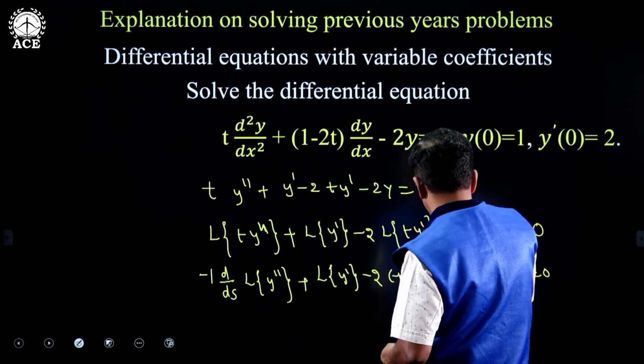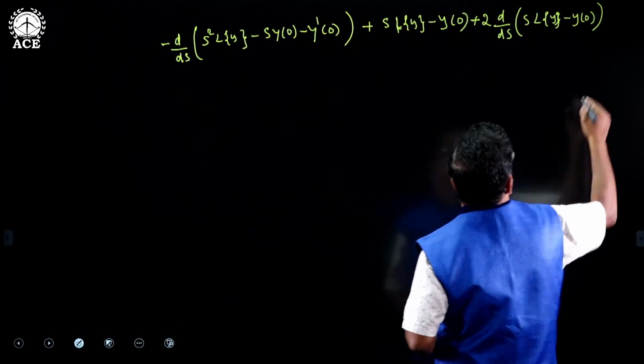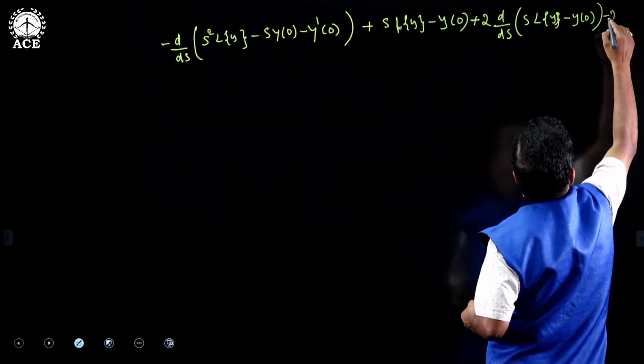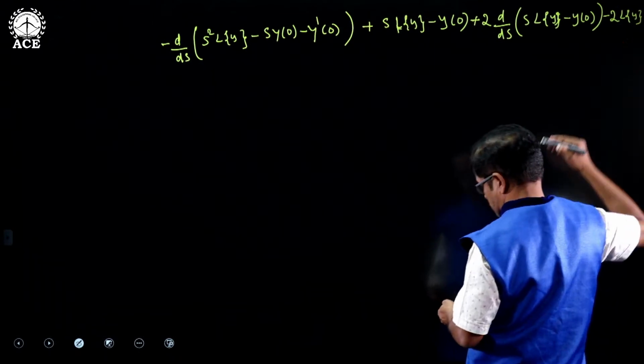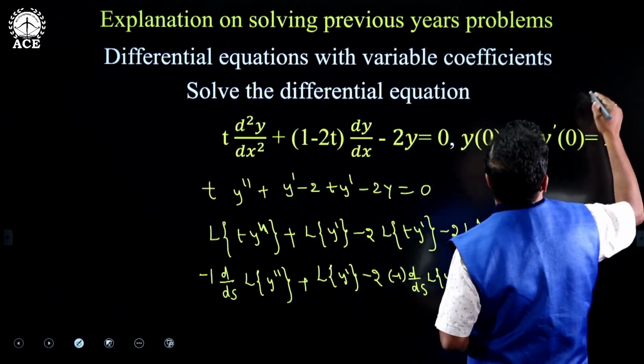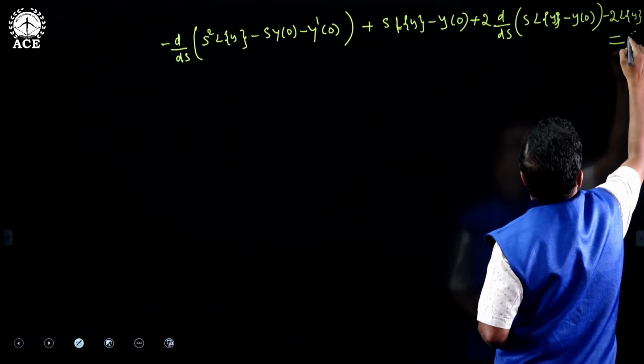Okay, this I wrote, minus 2 into L of y is equal to 0.